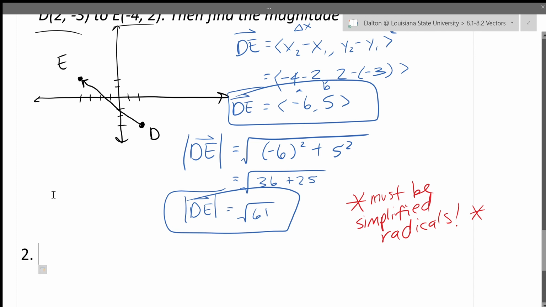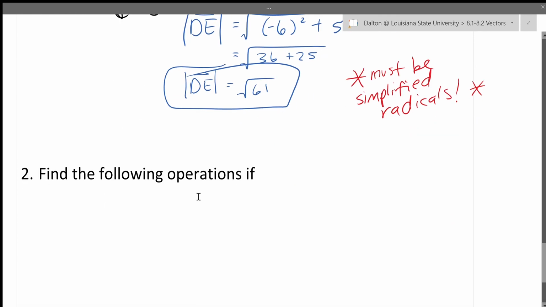Number 2, find the following operations if, and then I'm going to give you some vectors to define. So let's say if vector m, and I'm going to put my vector symbols back on the top when I get my pen again. I'll say vector m is at 5, negative 7. Vector n is at 0, 4.